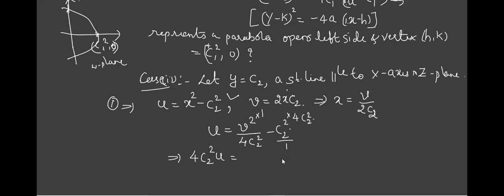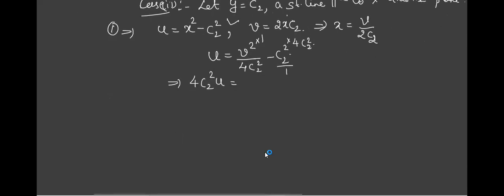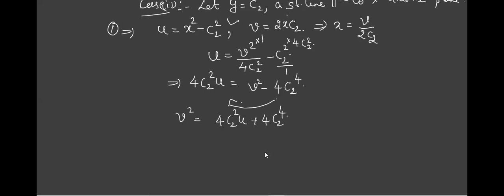I'm taking the LCM first and then shifting. We get 4c2 square into u equals v square minus 4 c2 square into c2 square, that is c2 raised to 4. This V square term should be kept here, and this has to be shifted. So we get v square equal to 4c2 square u plus 4c2 raised to 4. Correct? Tell me what has to be taken common.